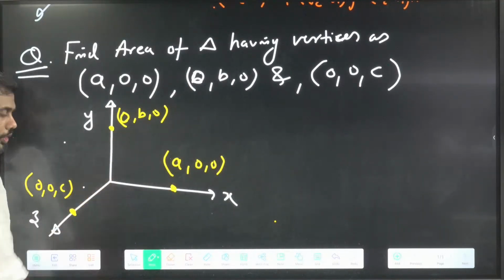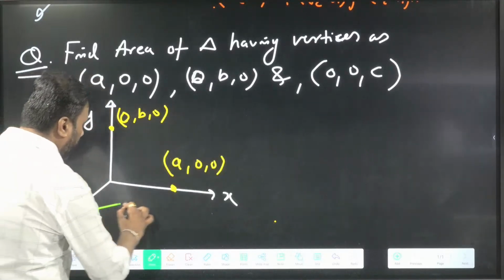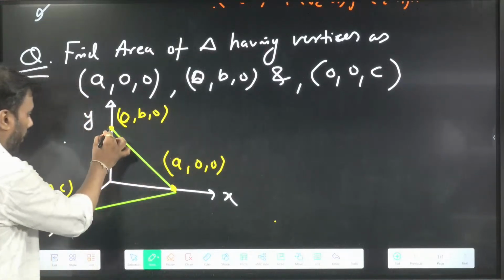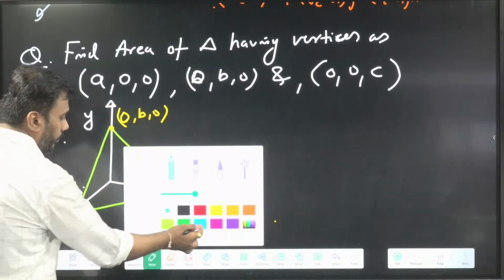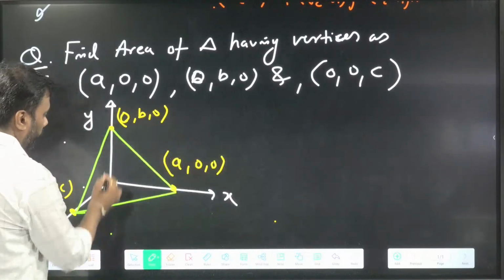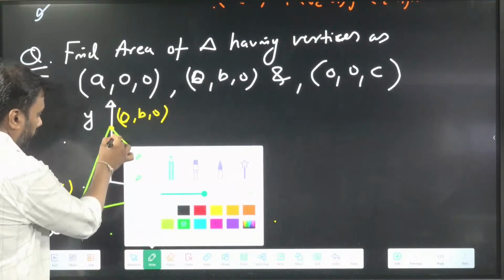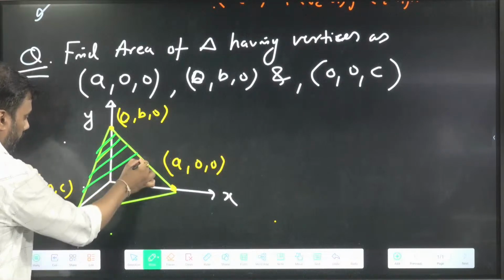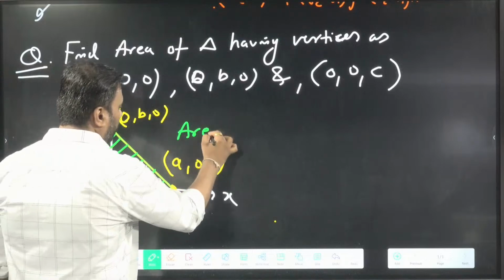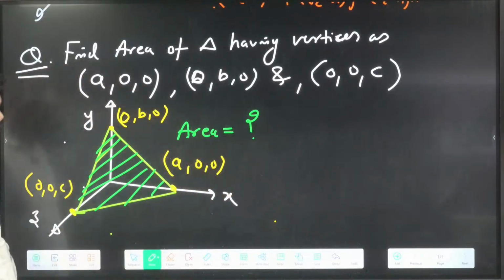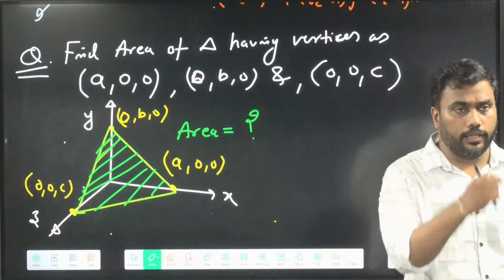If you connect these three points, you get a triangle. Find me the area of the triangle created by these points.